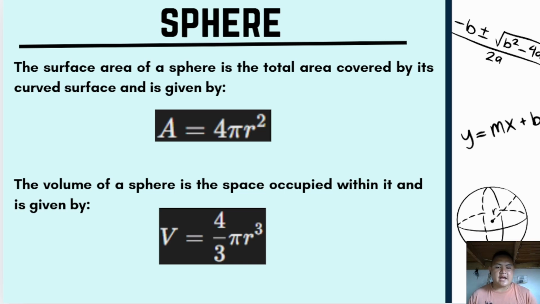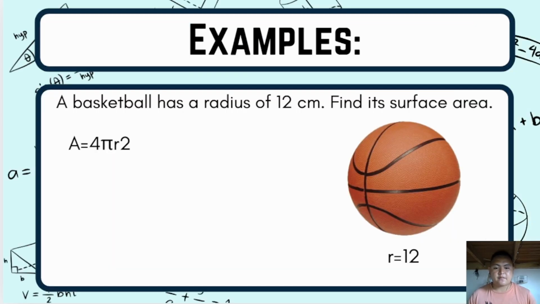So our formula is area is equals to 4 pi r squared. So we are gonna use the 4 pi r squared, and let's input the given, which is 12 centimeters on its radius. So our equation is gonna be like this. Area is equals to 4 pi times 12 squared.